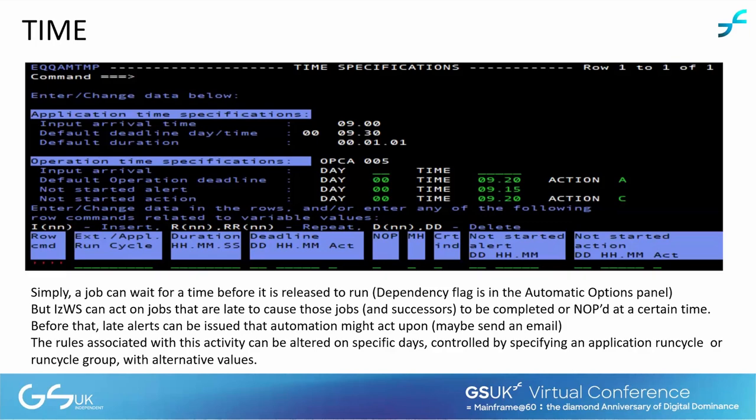You can also say if by a particular time it hasn't started, then you would do an action, and you could force the job to go complete when the specific time is reached.